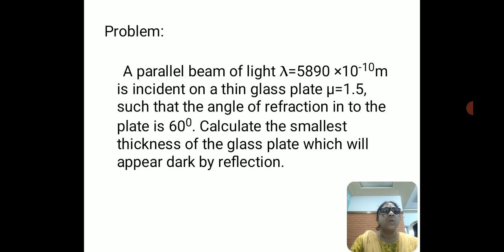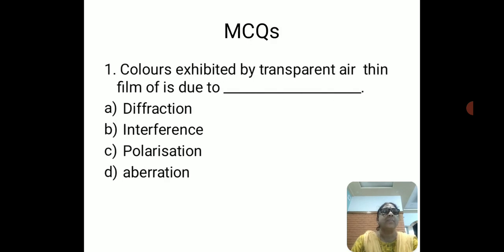Calculate the smallest thickness of the glass plate which will appear dark by reflection. Here we have to use the condition for minima, that is 2 mu t cos r equal to n lambda, and by substituting all values we can easily calculate the thickness of the glass plate.